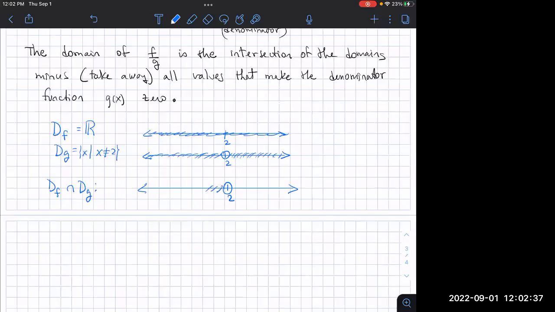So then the intersection is this, meaning all the x's so that x is not equal to 2. Does that make sense? So everything but 2 is the intersection? That's right. Okay.